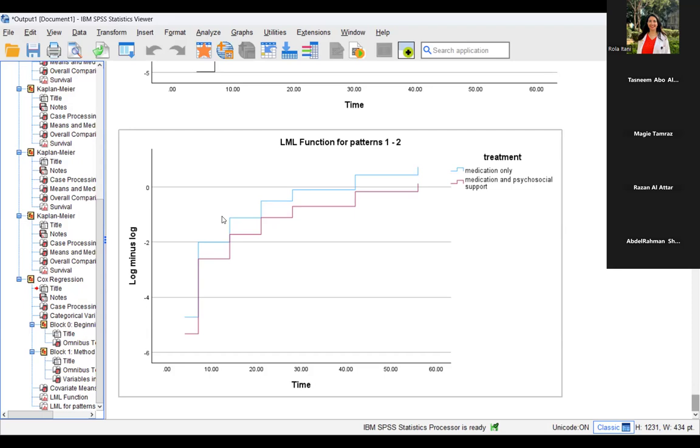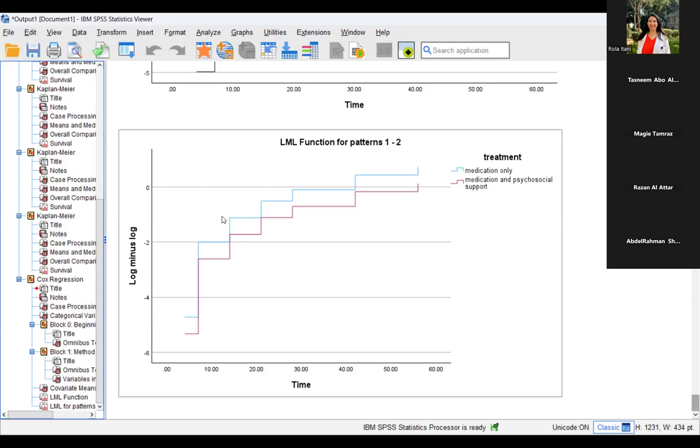So this violation is tested graphically by log minus log, or by something else. We can see it in a minute. That tells us that yes, you can use the Cox regression. If there is a violation of this proportionality of hazard, then we have to create a term called treatment times time.